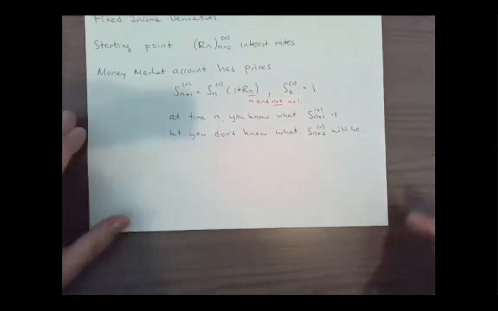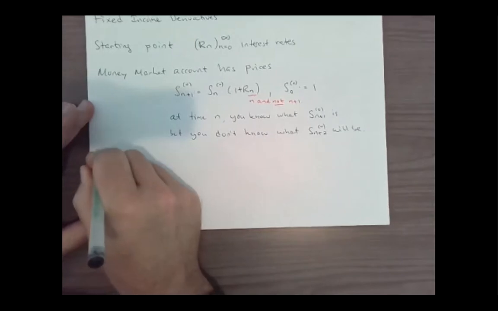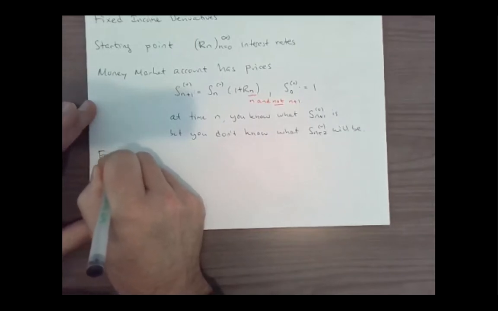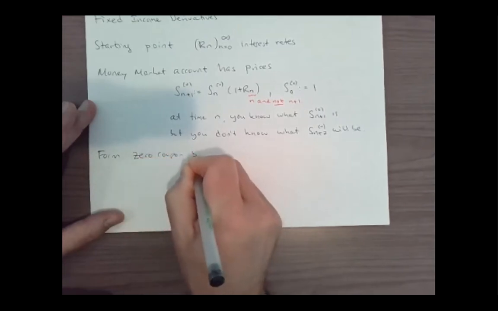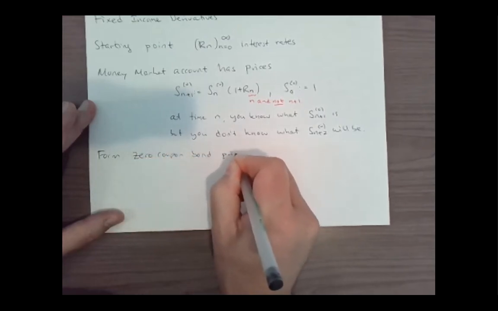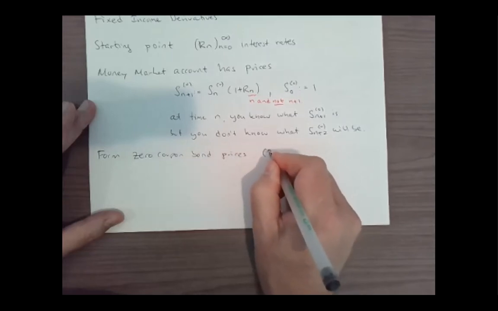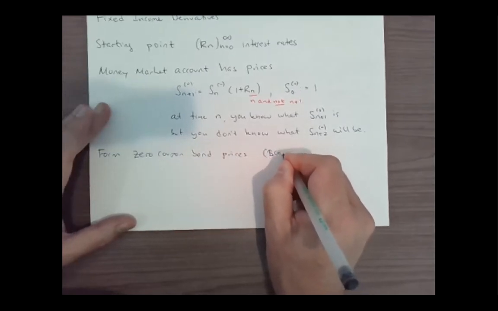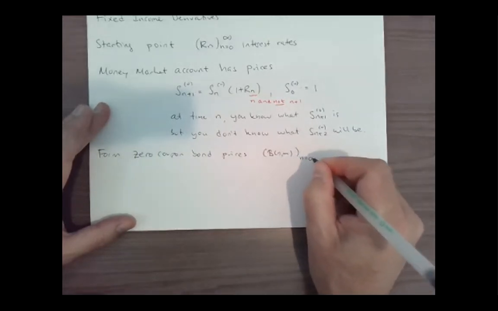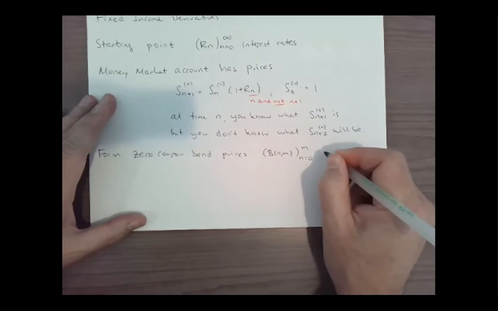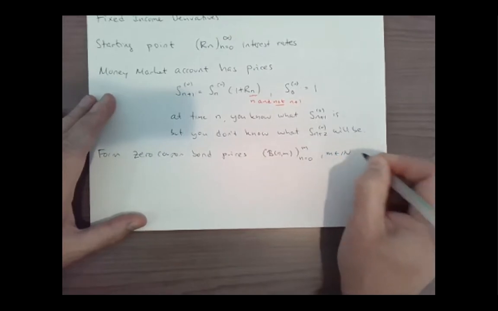This is what you're given, and then you form zero coupon bond prices. So these are denoted by B(n,m), where n runs from 0 to m, and m is some natural number.